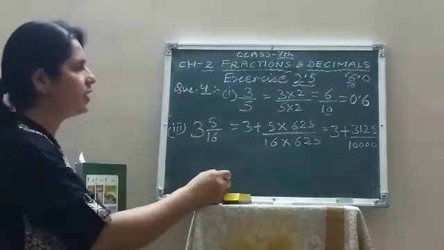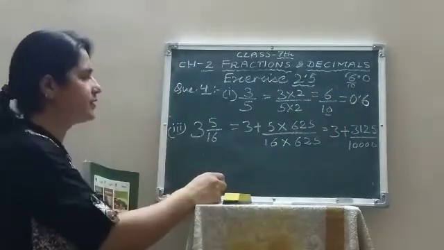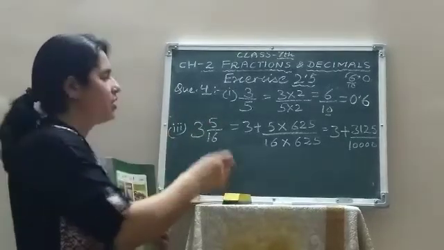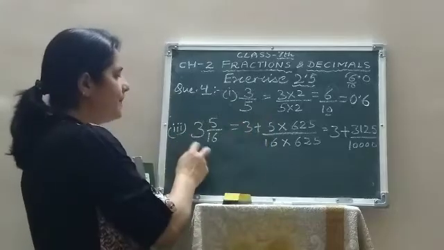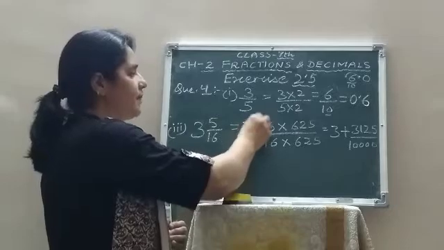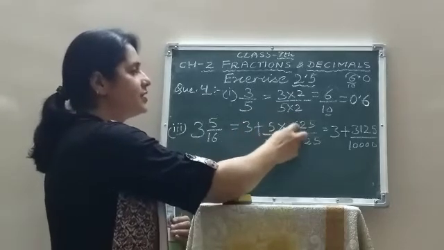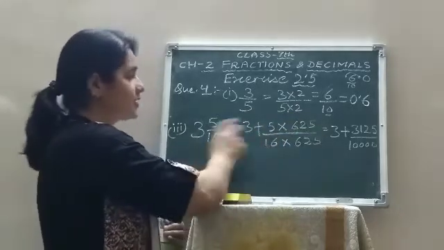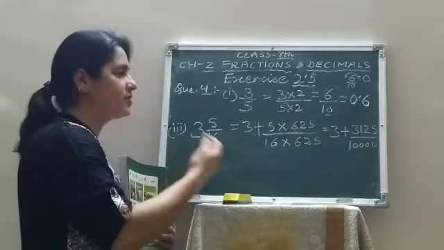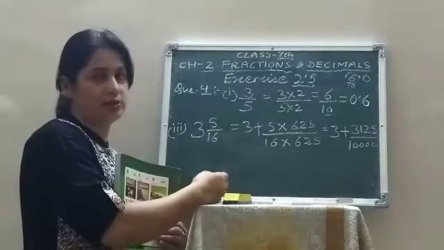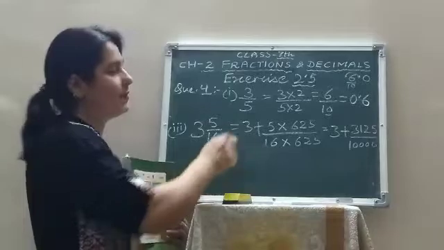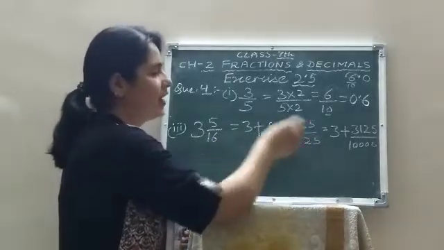Now the third part is 3 whole number 5 upon 16. So this can be written as 3 plus 5 upon 16. That means 3 plus 5 into 625 upon 16 into 625, because from 16 we cannot get 10 because 10 is smaller, and 100 is not possible, 1000 is not possible. But 10,000 we can get by multiplying 16 by 625.